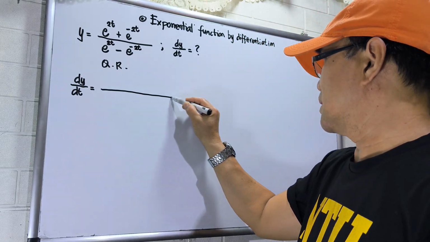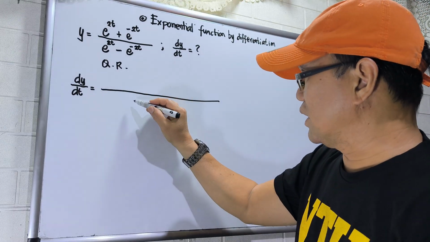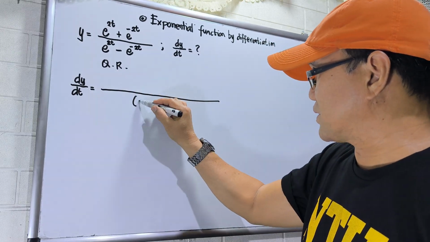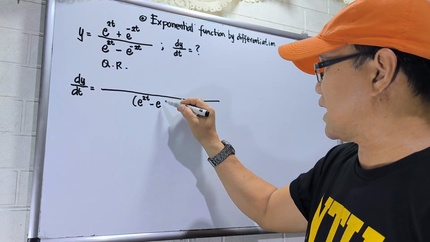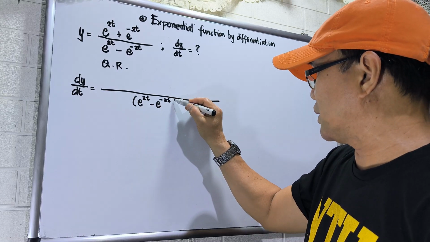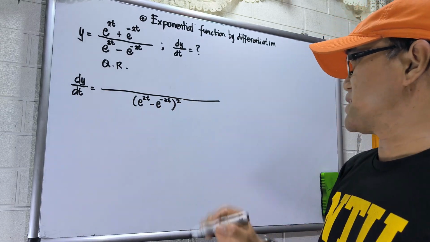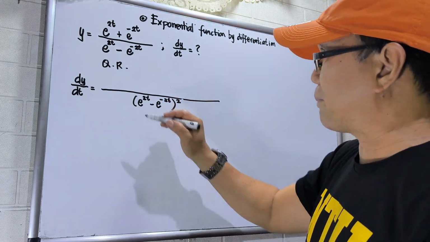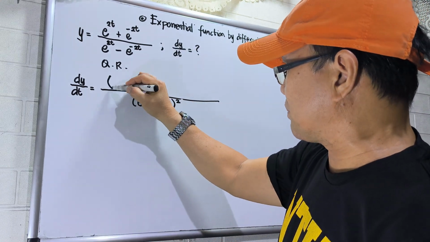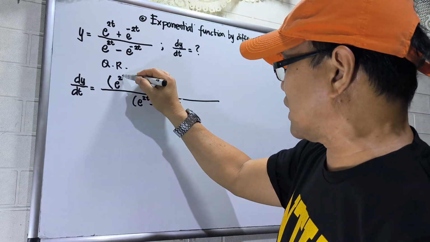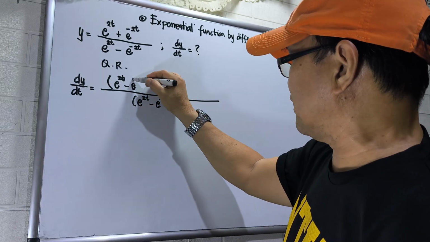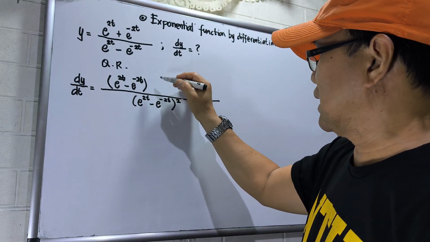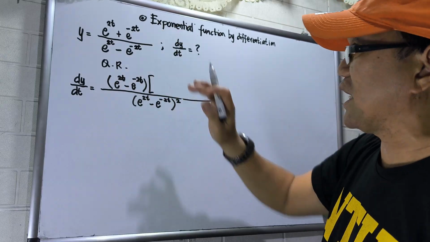If quotient rule, I need to square the denominator. So (e raised to the 2t power minus e raised to the negative 2t power) raised to the second power. And then copy the denominator: (e to the 2t minus e to the negative 2t), then the derivative of the numerator.